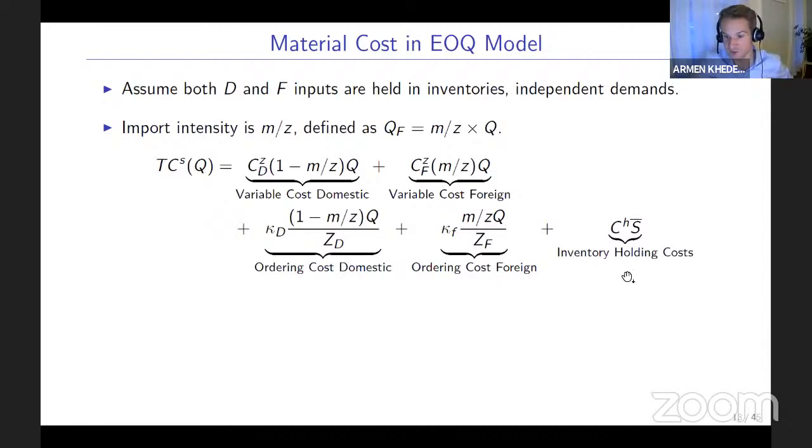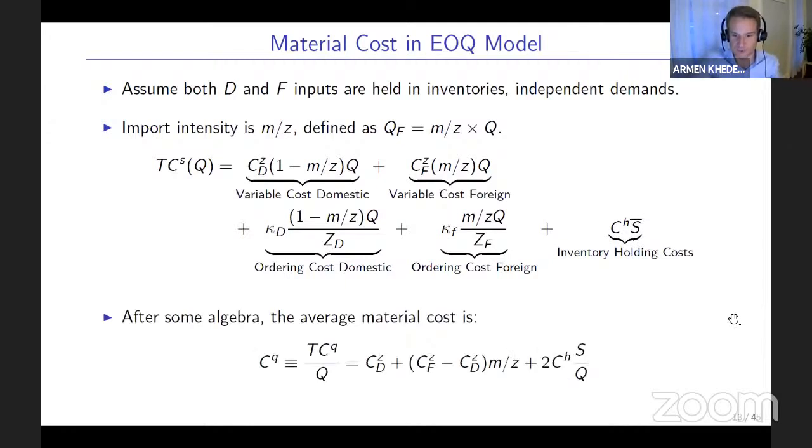And then in addition to this, there's these holding costs, which is basically just the amount that it costs to hold these inventories times the average level of inventories held. Now, after some algebra, we get this expression for the average material cost, which is just the total cost divided by the total consumption, which is a weighted average of the unit cost.